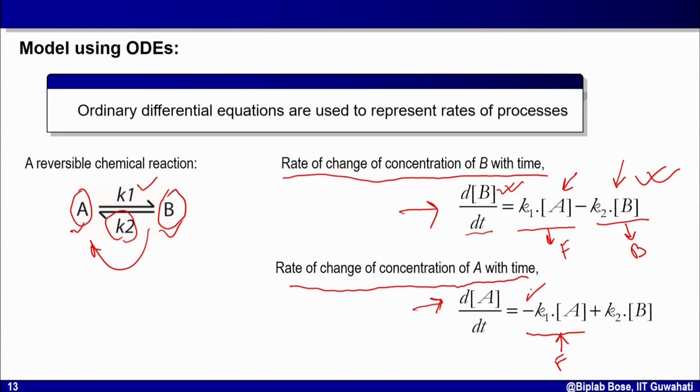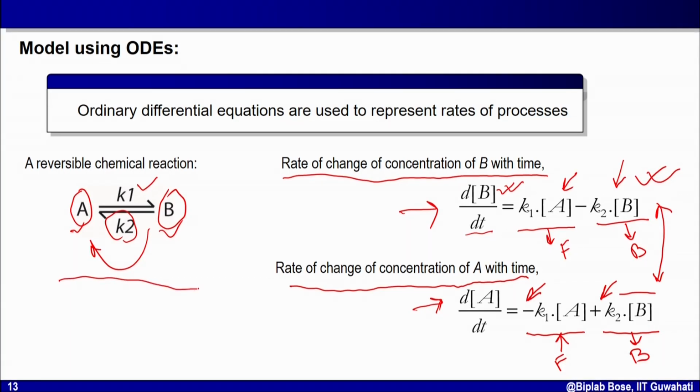So that's why I have a minus sign here, plus K2[B], which is the backward reaction. And here I have a positive sign because by this backward process A is created. So actually both these ODEs are exactly the same except the signs. The signs are inverted. So these two equations are essentially my mathematical model for this reversible reaction.